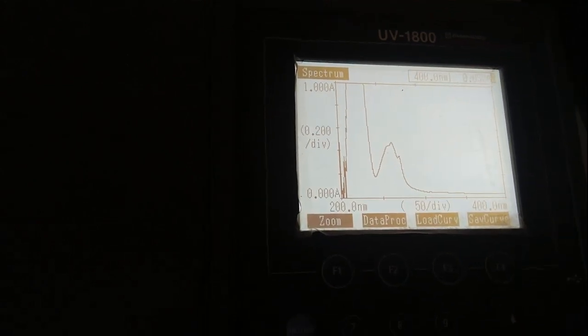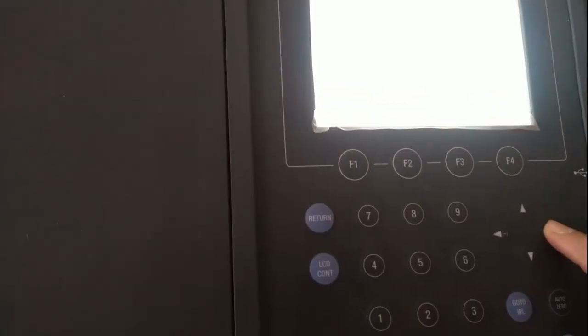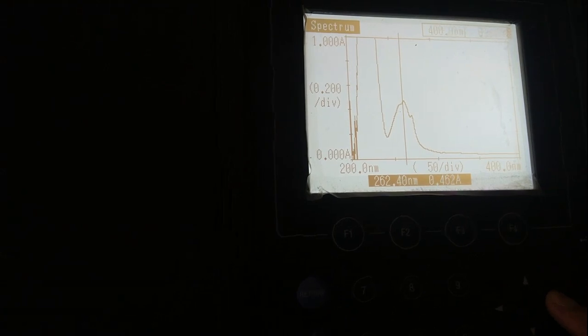Okay, so now let us find the absorbance at the lambda max. So we are going to press this arrow button. So while we press this, you can see a line coming from the left hand side. This helps us to find out the absorbance at the lambda max. So now you can see here.